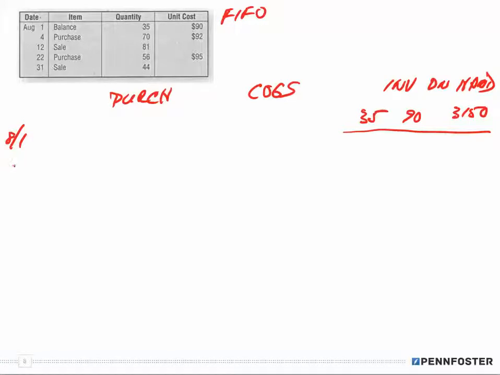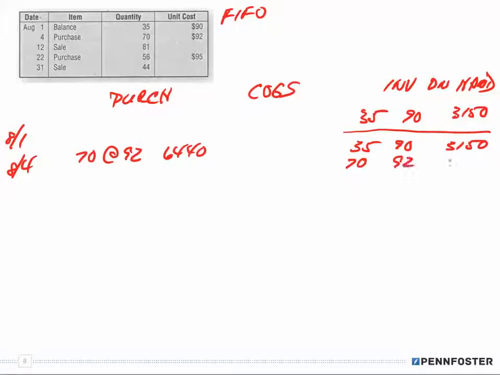On 8/4, we're going to purchase 70 at $92, which is $6,440. So now we have 35 at 90 for 3,150, and we have 70 at 92 for 6,440. So our value of our inventory at this time is 9,590.